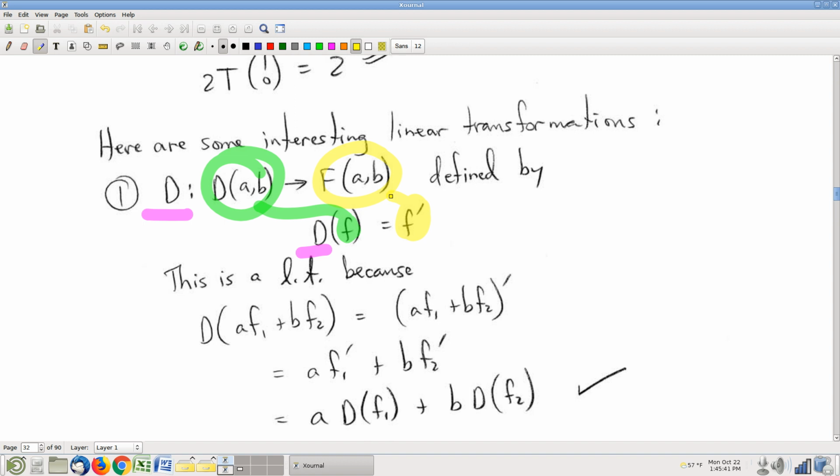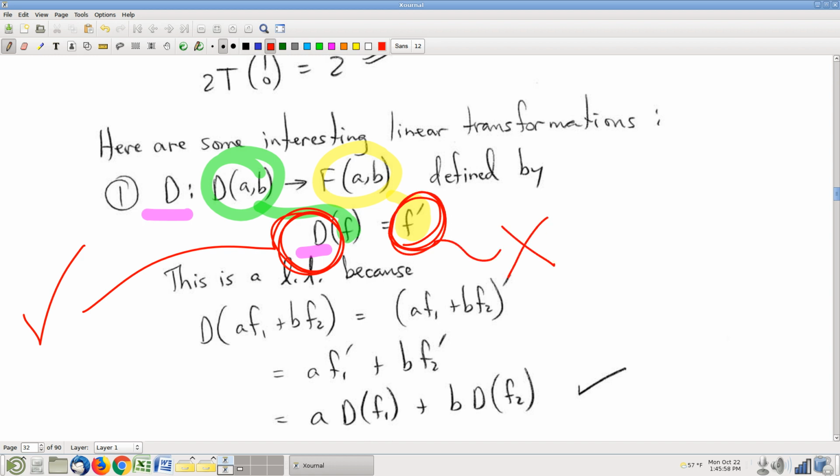So you have to keep in mind what I am saying is a linear transformation. I am saying that the act of differentiation is a linear transformation. I'm not saying the result of differentiation is a linear transformation. Everybody see the difference? It's the act of differentiation.